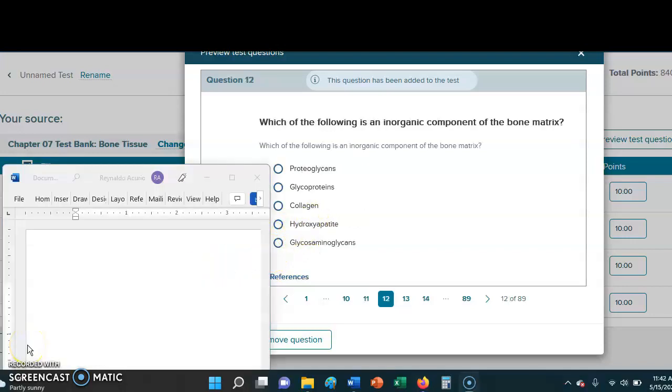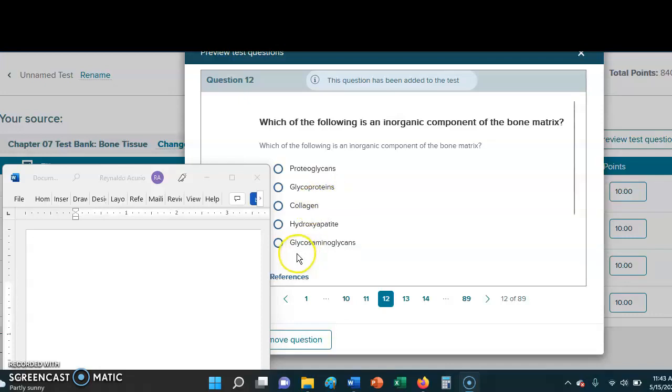Next question, which one of the following is an inorganic component of the bone matrix? Okay, let's stop for 5 seconds. Organic compounds are those that have carbon, and proteoglycans are proteins that have carbon, right? Glycoprotein is another carbon in there in the proteins. Collagen is also protein, right? It has carbon in there.